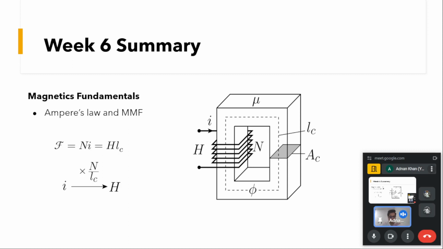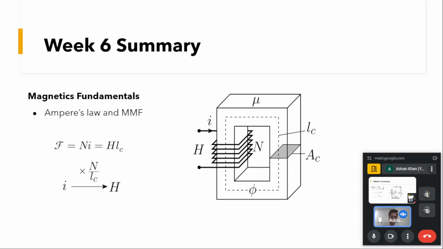And why do we need a magnetic core? You can simply understand this magnetic circuit as analogous to an electric circuit. The flux that is generated by this current carrying conductor is similar to the current in an electrical circuit.